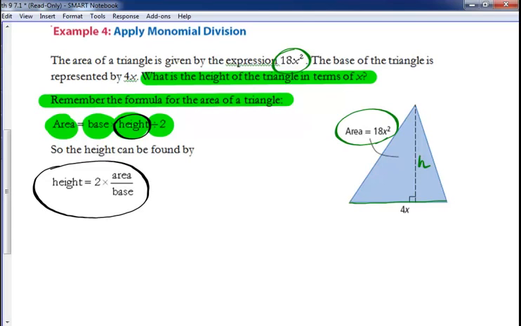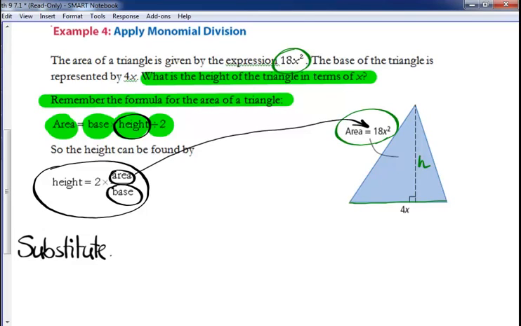Now what we're going to do here is substitute or replace the area with the expression for the area, which is 18x squared, and we're going to replace the word base with the term for the base, which is 4x.